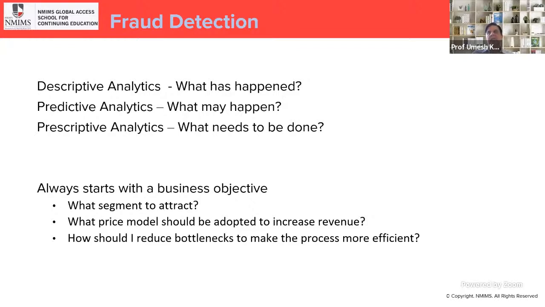Please make sure that this is answering the objective that we have on hand, and the key objective is to prevent and detect frauds. So descriptive analytics, predictive analytics, and prescriptive analytics. Always have the objective or goal in mind.